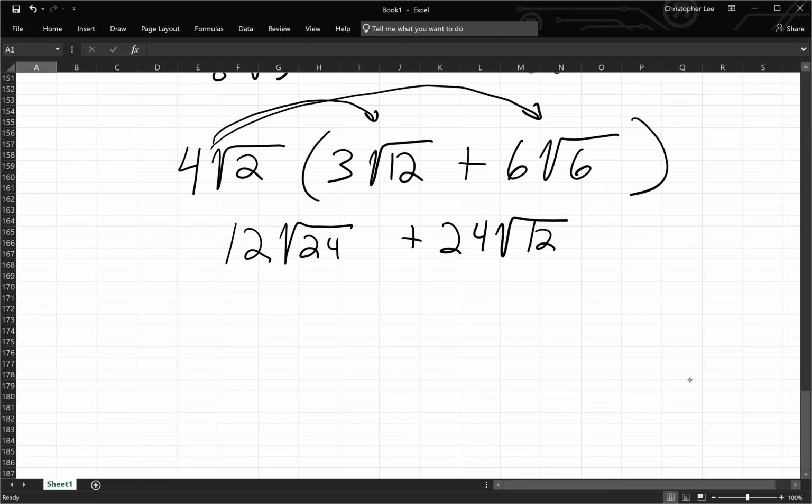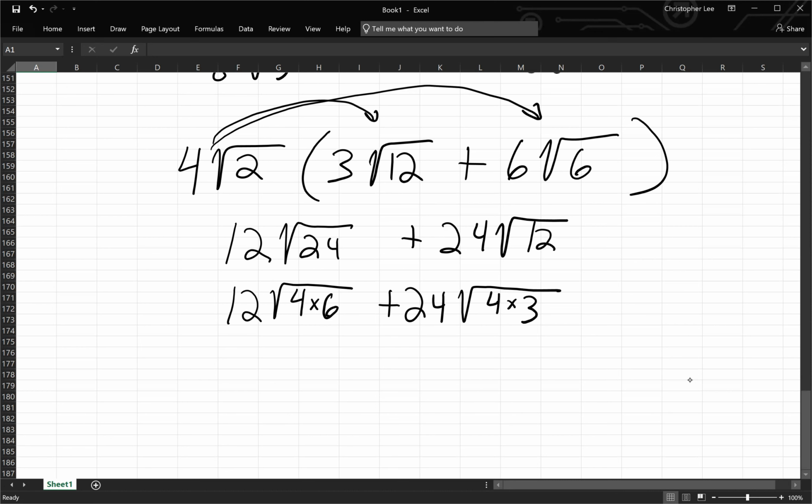The perfect square. 4, right? So this becomes 12 square root 4 times what number? 6, right? Plus 24. And then help me break down the 12. What's the largest perfect square that goes into that? 4, right? 4 times what? 3, right?